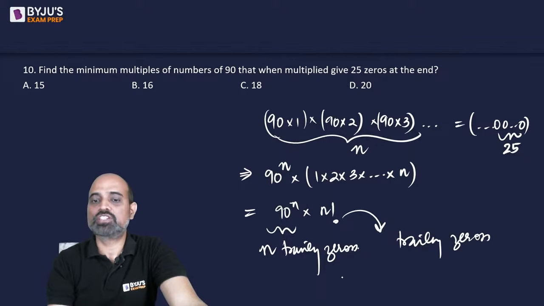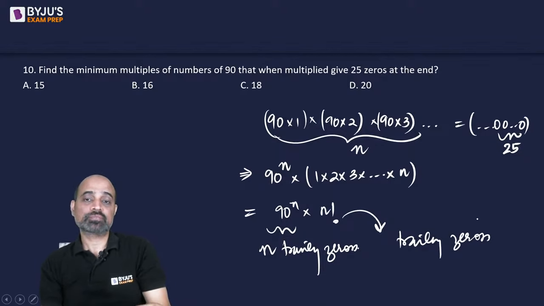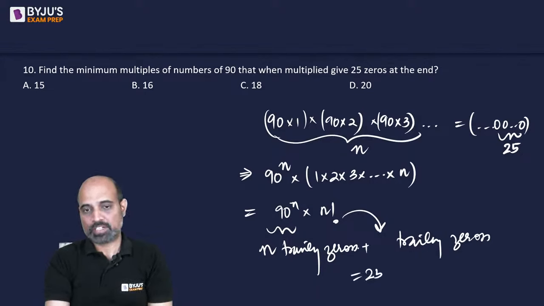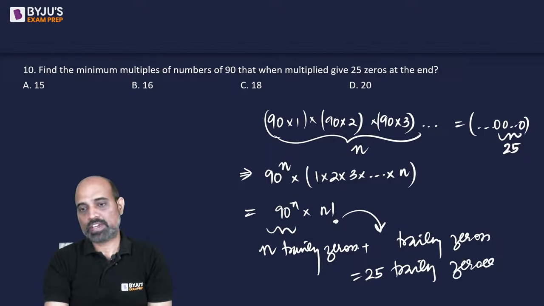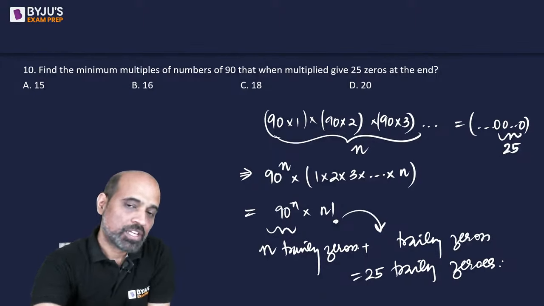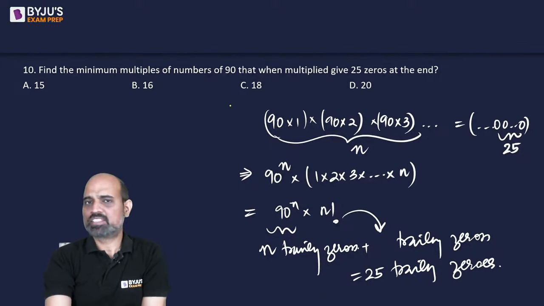The sum of these two should be equal to 25. Then only this will make sense, right? ये मेरे को 25 देना चाहिए. So we are asked to find the value of n here, as in how many such multiples of 90 should we multiply. So again, let's use the middle value, 18 लेते हैं.